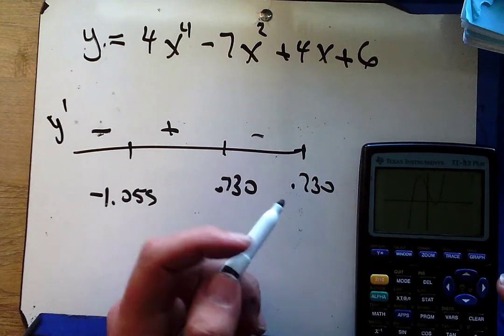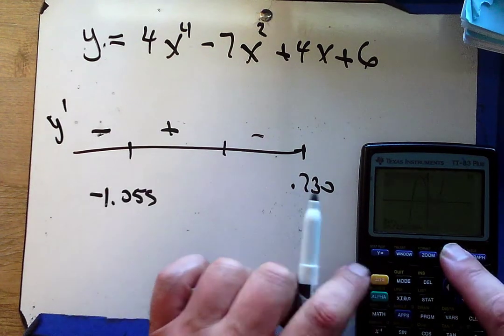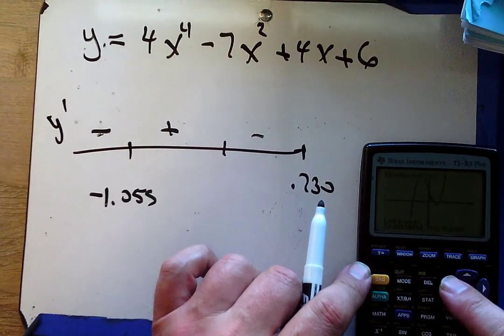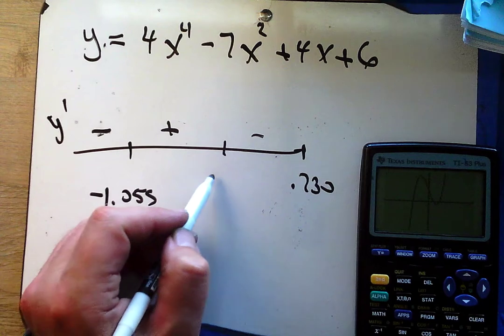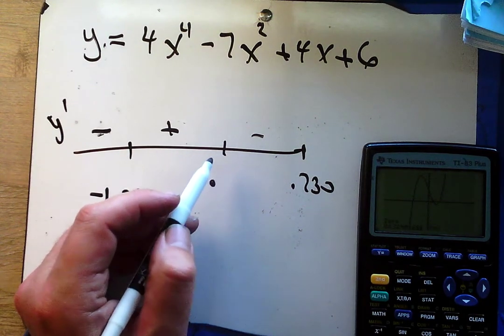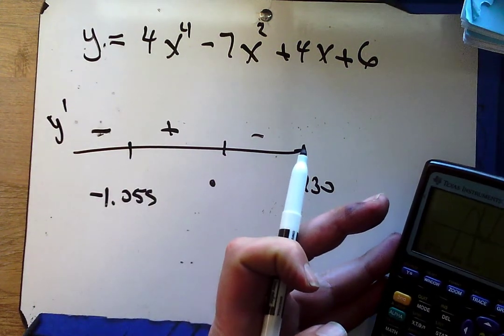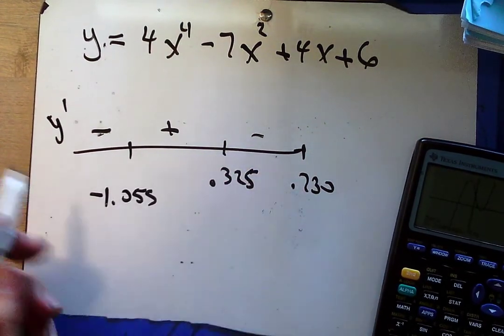To the right. So this one must be wrong. Second, calculate zero. Enter. 0.325. Yes, 0.325. Okay, so now I have these values.